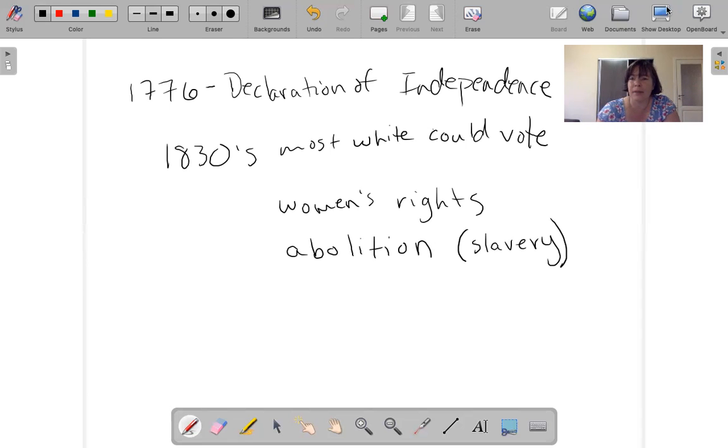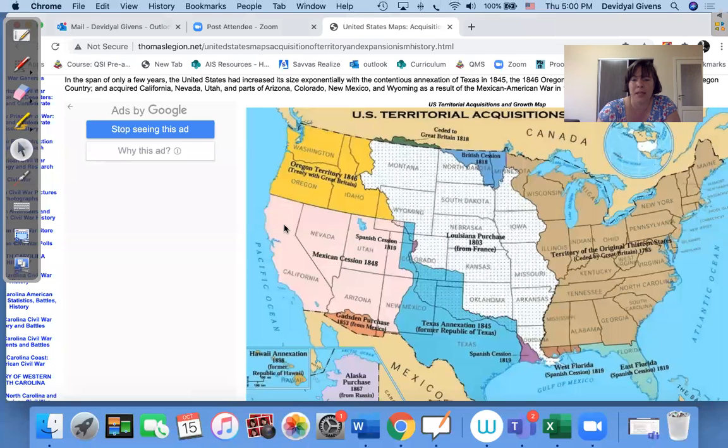I can go back to that map and show you. If you were to draw a line right across the middle of the country, not many people lived over here, we're mostly talking about this part. Everybody down here was pro-slavery, and people up here were anti-slavery.